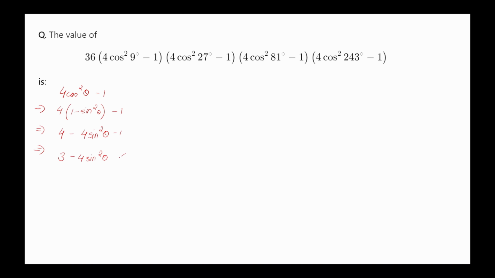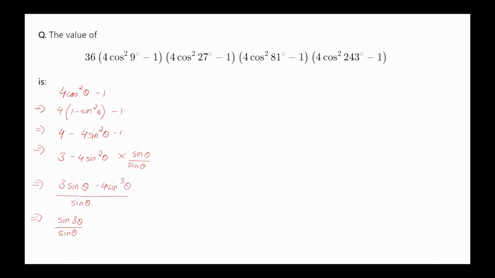So if I multiply this by sine theta and divide by sine theta, wouldn't the top transform into my triple angle formula? It would become 3 sine theta minus 4 sine cube theta upon sine theta. So this is basically my triple angle formula now. So this would become sine 3 theta by sine theta.